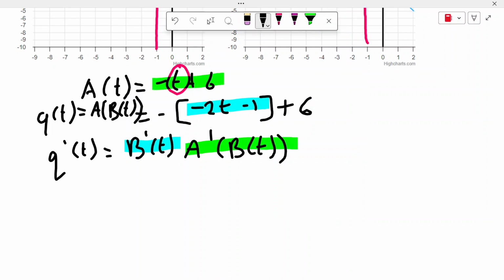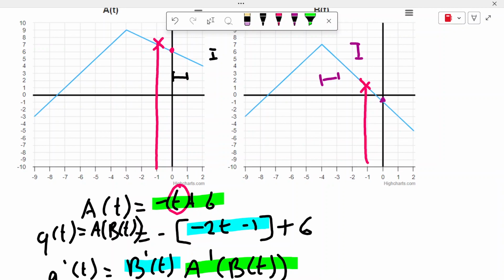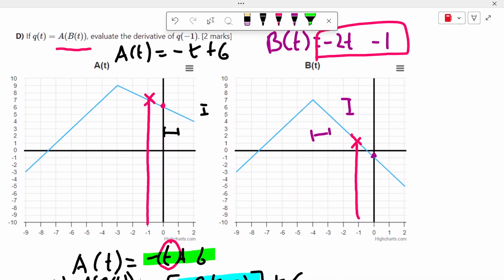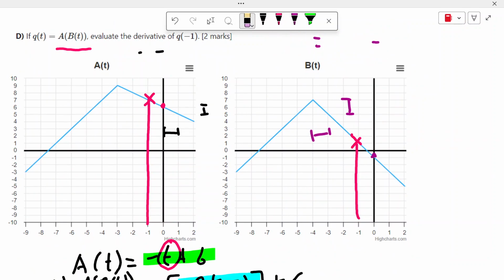So what we're going to have to do is find b prime t, all right, but at this point -1. So we don't have our equations here, so assume we don't have any of our equations. Now we just got to look at it graphically, okay?